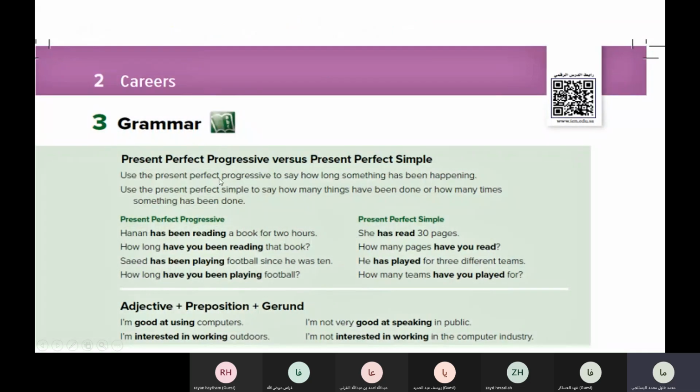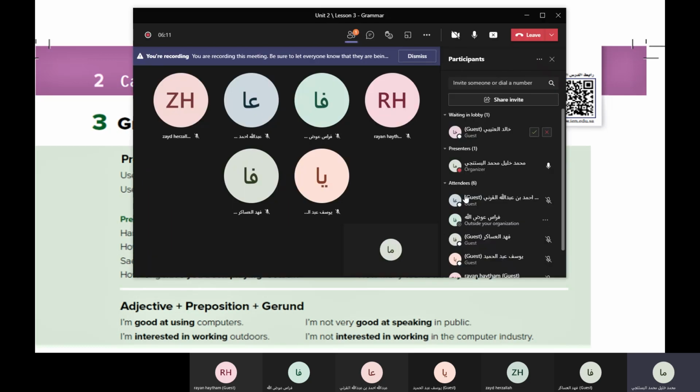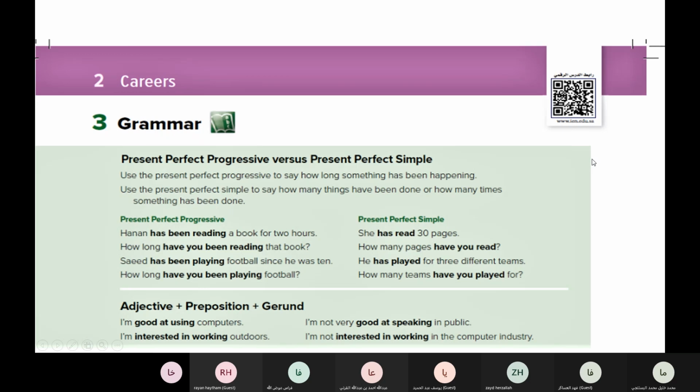You remember when we talked about the present perfect, we said that the present perfect is used with actions started in the past, happening up to now, and may continue in the future. Now we have another tense, which is the present perfect progressive.